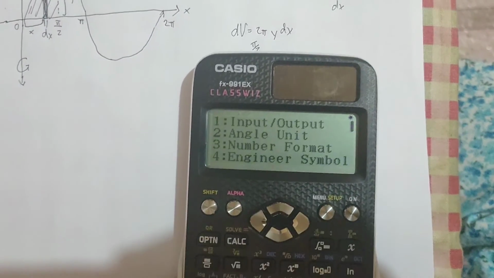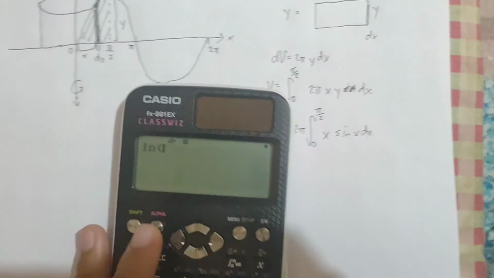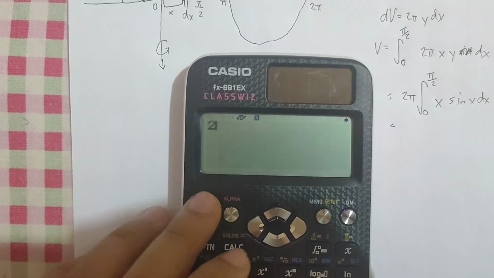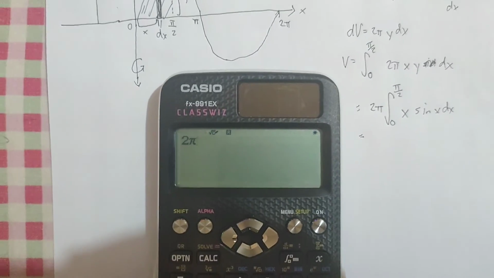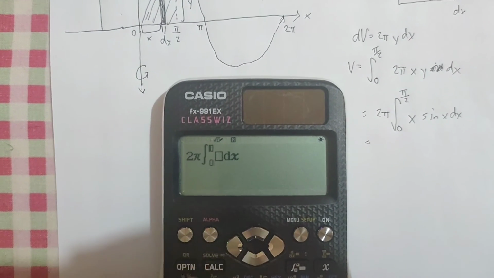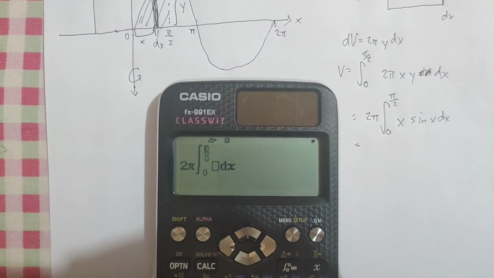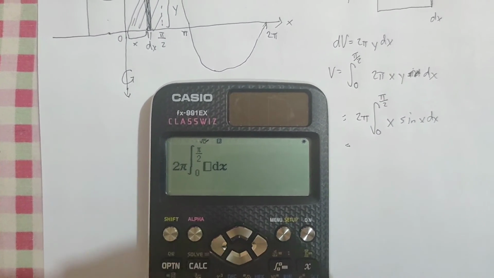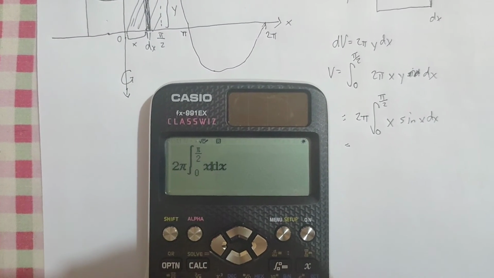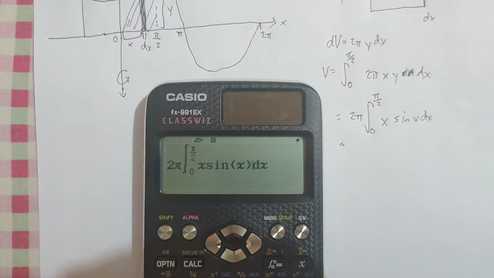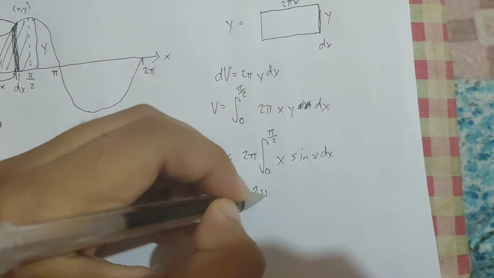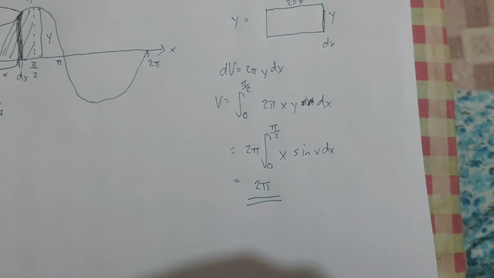And we will solve it on our calculator. First, let us put this in regions. 2 pi, the integral of 0 to pi over 2 of x sine x. Our final answer is 2 pi. That is our answer.